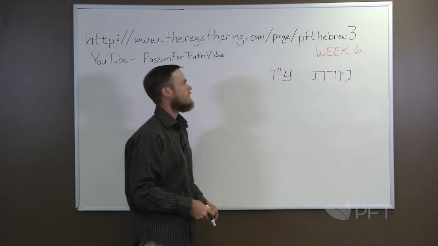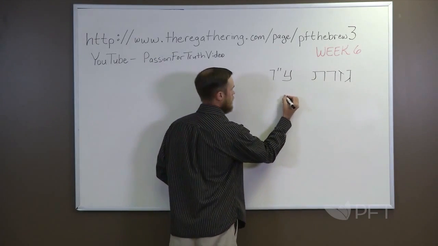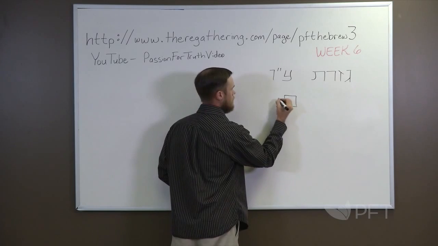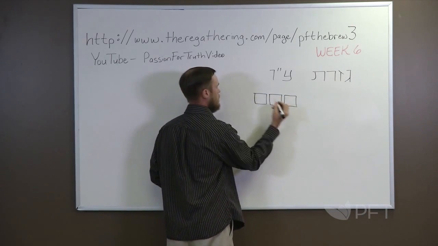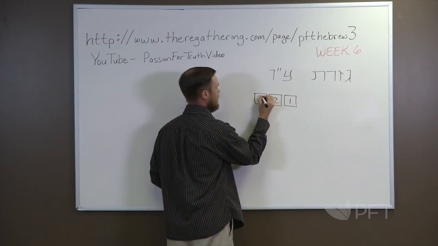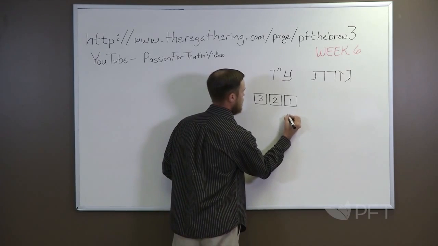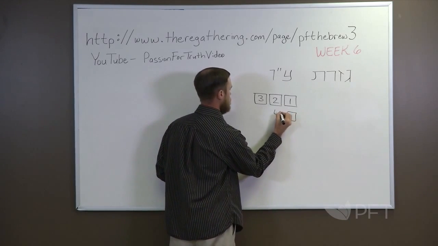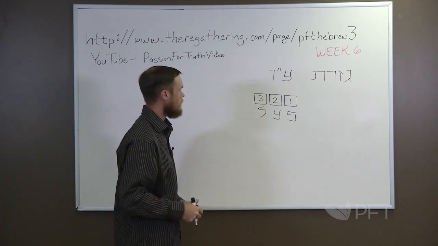Now, if you'll recall our nomenclature for the Gizrot, in our root we have our first, second, and third radicals. Okay, first radical is called the Pei radical, second called the Ayin radical, third called the Lamed radical, right?